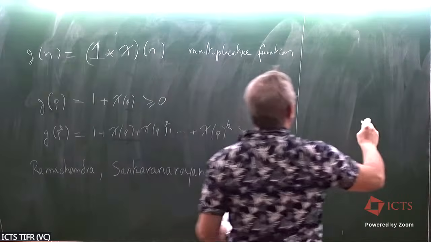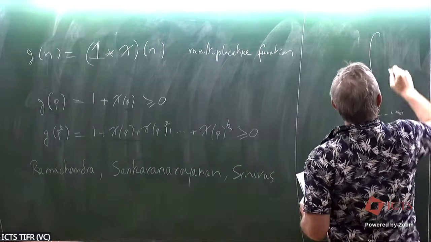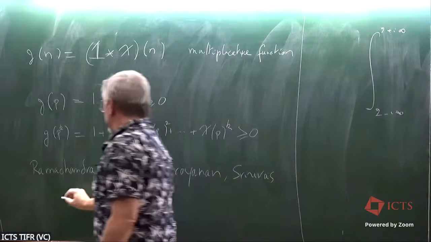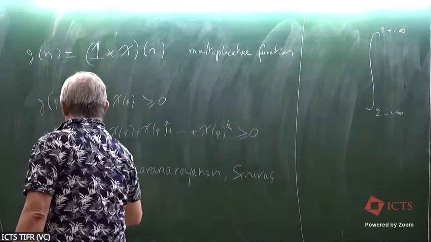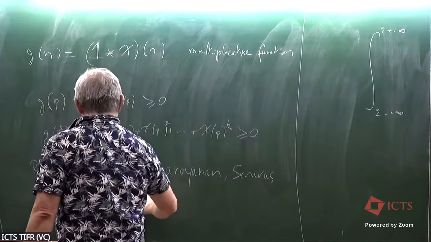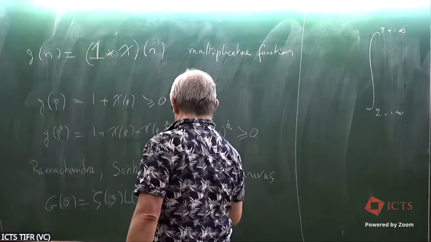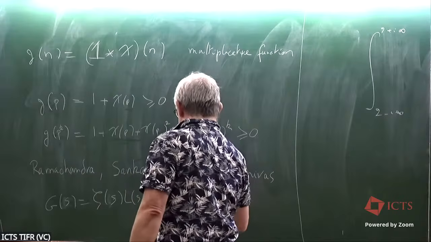Okay. We consider an integral over the line 2 plus i infinity of G of s. G of s is going to be the function theta of s times L of s chi, which is this one: the sum of G of n upon n to the s, n larger than 1.